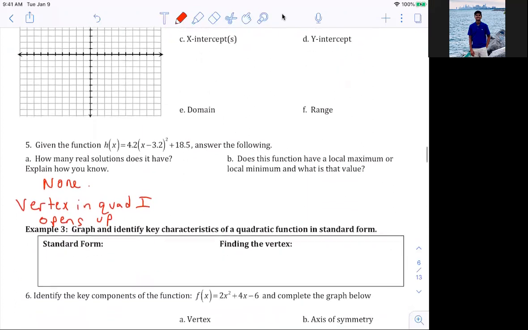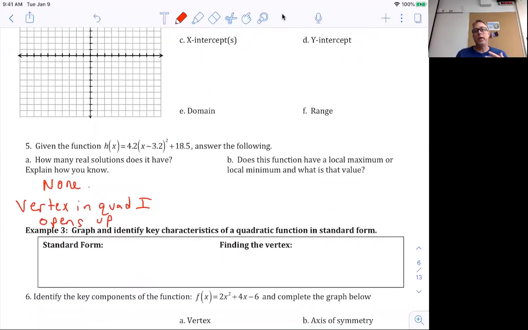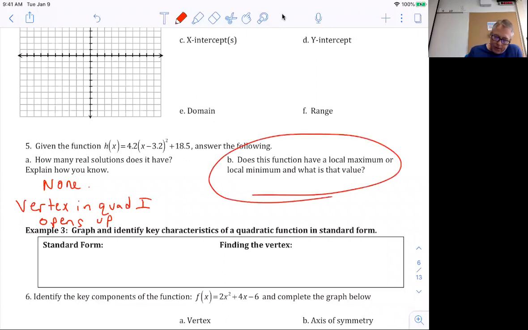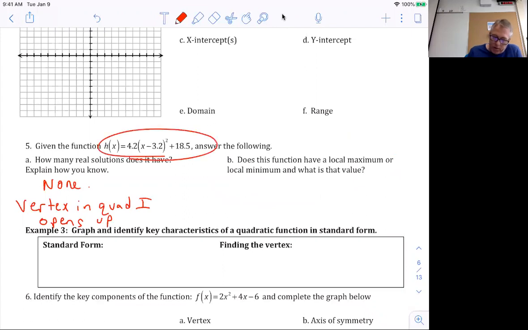Which is also going to determine, if something opens downward, visualize that it has a maximum, right? If something opens upward, it has a minimum. So for this question, it's asking, does this function have a min or a max? Well, I know that it opens upward because that's positive.